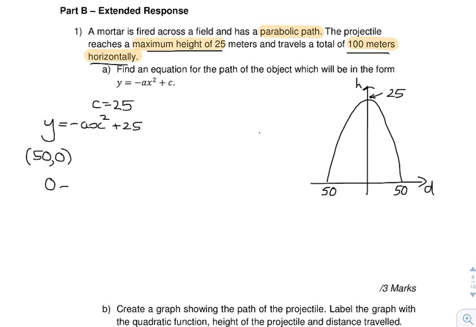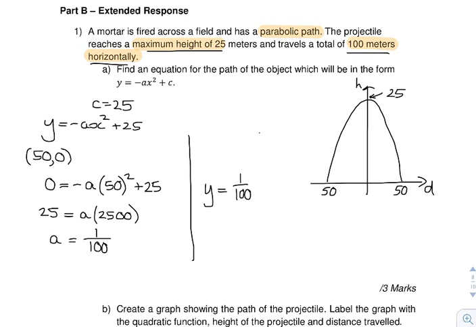Using the point (50, 0), substitute in 0 for y, 50 for x, and then simplify, giving me 25 equal to a bracket 2500, or a equals 1 on 100.